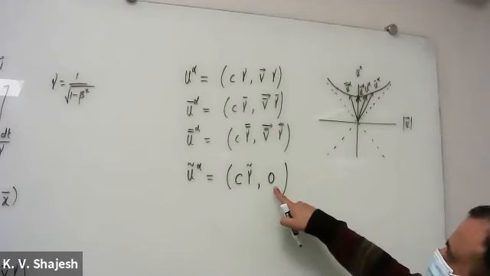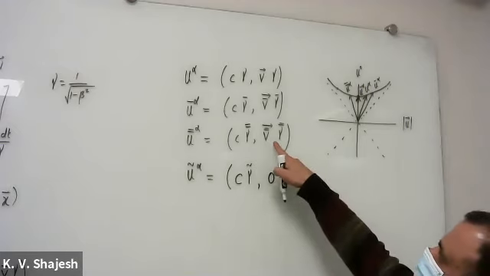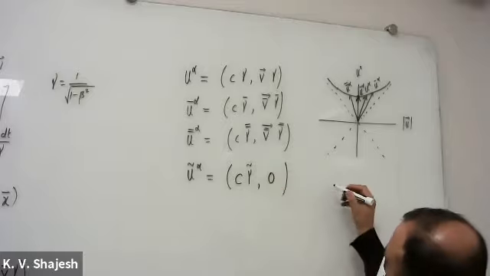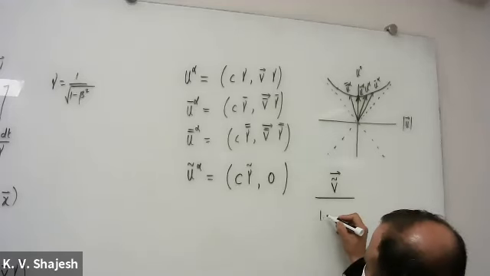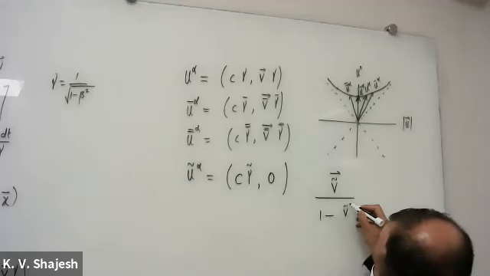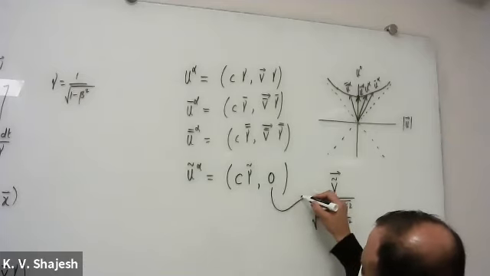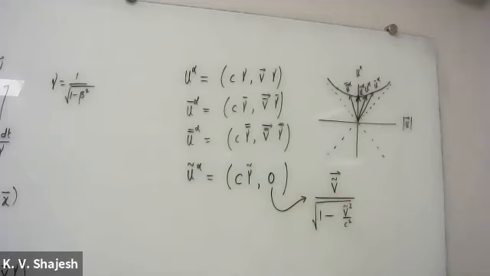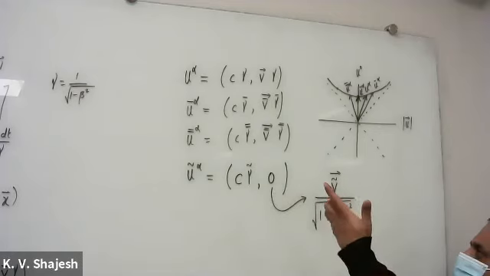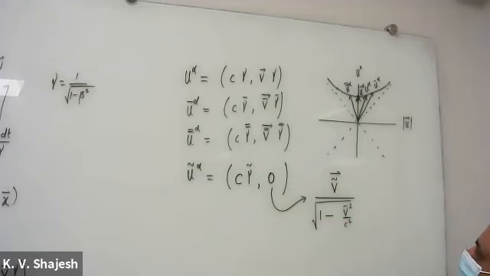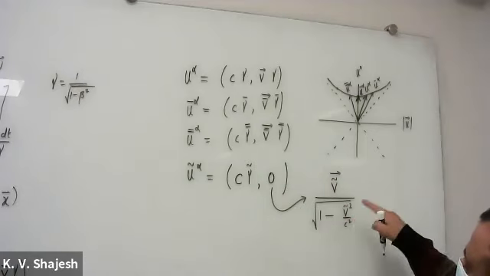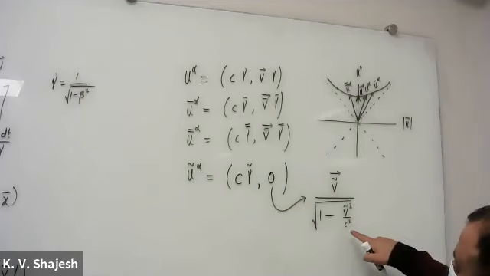But what does this mean? If this is 0, remember what this is equal to? In this particular frame, you have v tilde divided by the square root of 1 minus v tilde squared over c squared. That's what this means. If this is equal to 0, how can I have this to be 0? I think v has to be 0, right? Is there any other possibility?